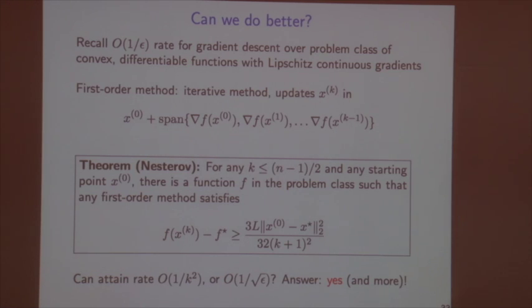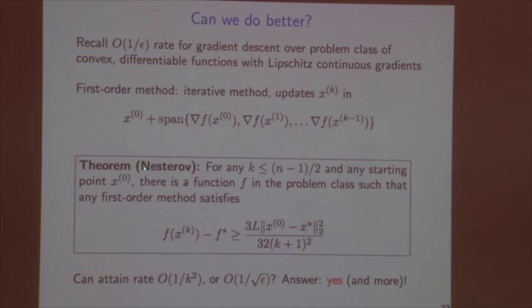We say that iterative methods are first-order methods if your update xk is in the linear space spanned by x naught and the evaluations of the gradient of the function at the previous iterations. So a first-order method is really just saying we're only using the gradient, searching through a linear space induced by the gradient.